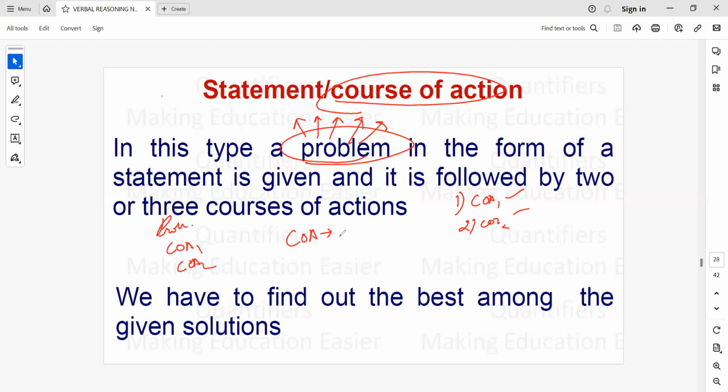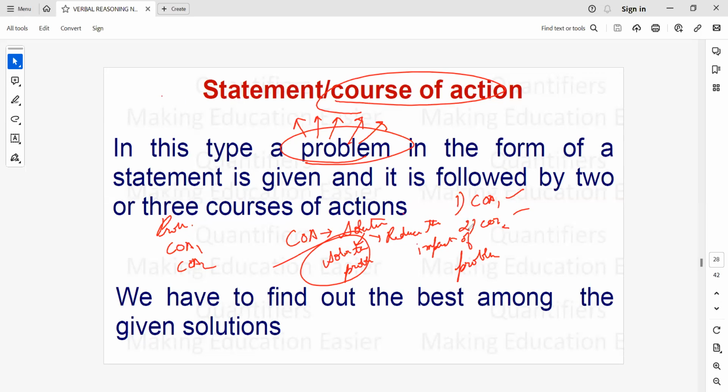In very simple words, it's a solution. It will either solve the problem, or it will reduce the impact, the ill effects of the problem.